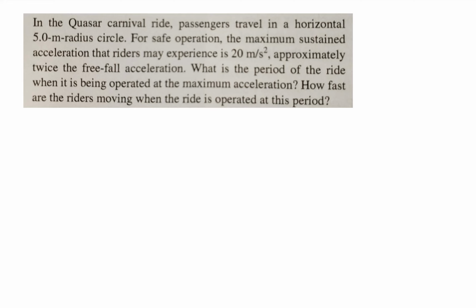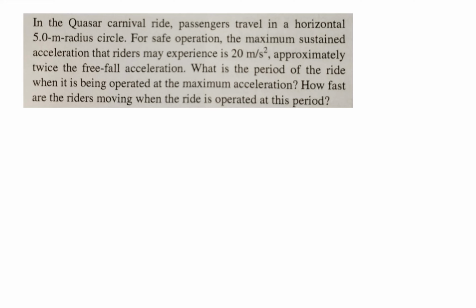Anyway, for safe operation, the maximum sustained acceleration that riders may experience is 20 meters per second squared, approximately twice the free fall acceleration, so 2 G's. What is the period of the ride when it is being operated at the maximum acceleration? Remember, this is centripetal acceleration, so it's not accelerating anymore.